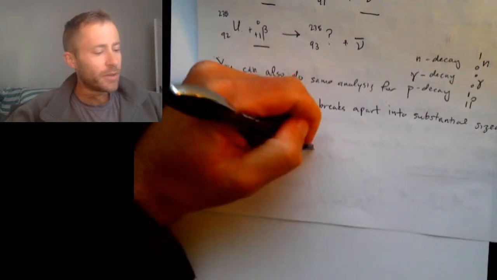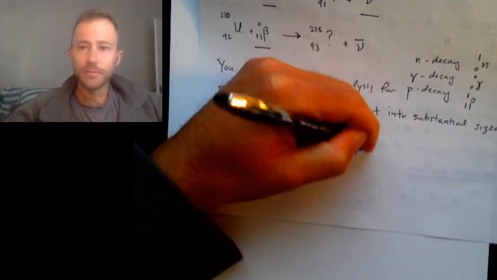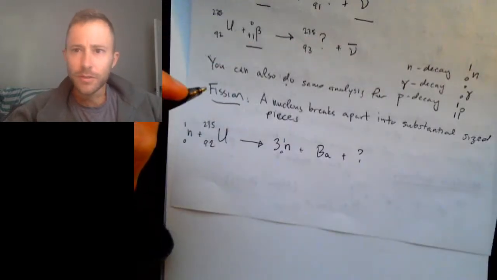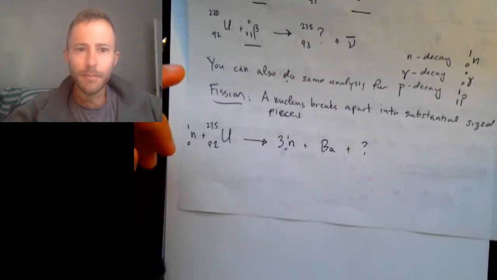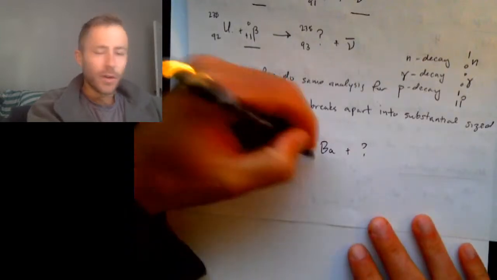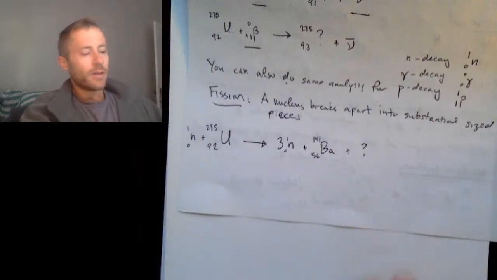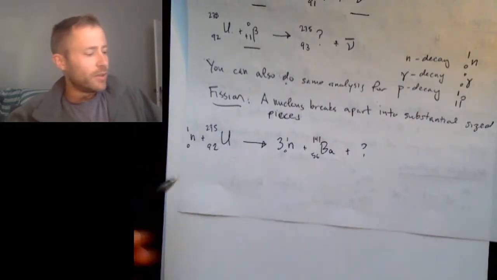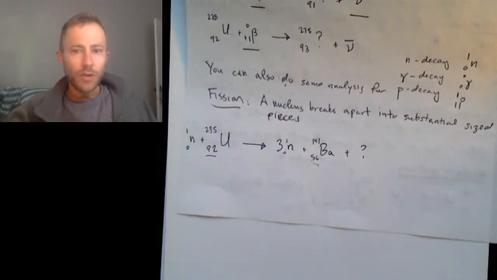And then it becomes barium and something else. So it becomes barium 56 141. Okay? And then we can see that it went from 92 to 56. So it really lost a big chunk of itself.